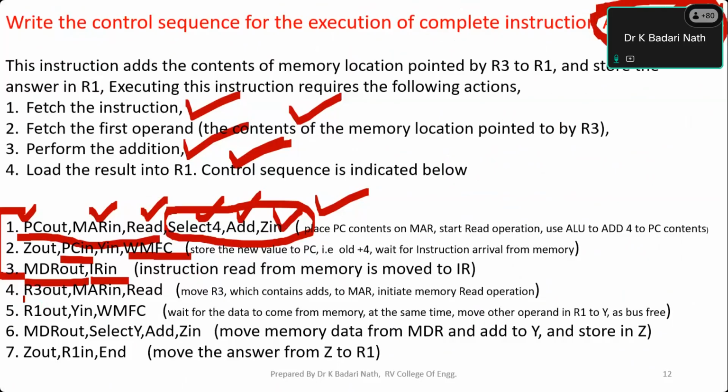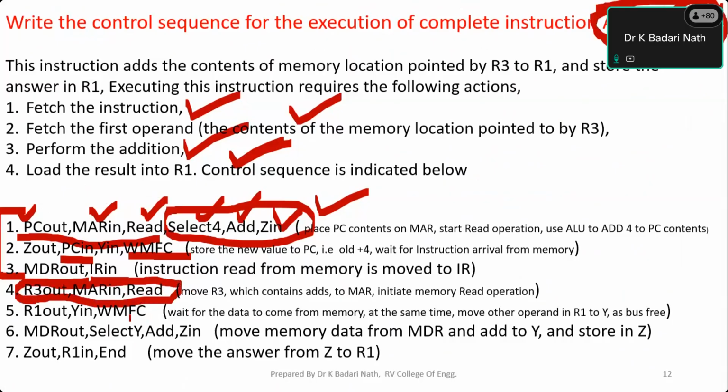Now take the R3 which contains an address, place it in the MAR register, and through that MAR initiate a read to the memory. Look at this: in the fourth clock cycle, we are placing the R3 data onto the address bus, through the MAR register, and initiating the read signal.